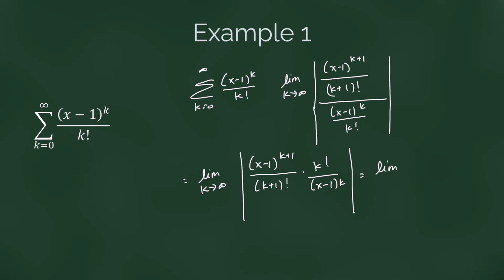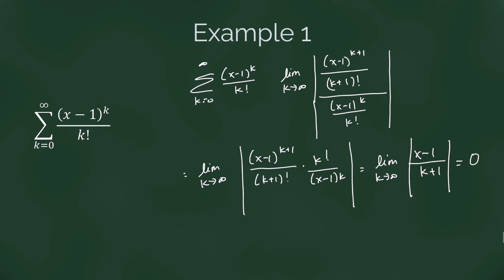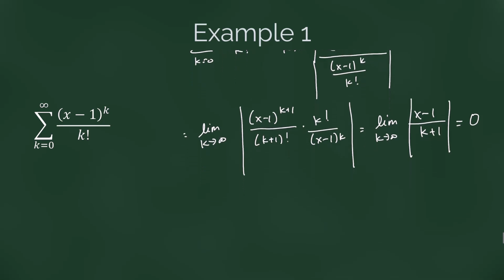We can simplify that. That is the limit as k goes to infinity of the absolute value of x minus 1 over k plus 1. However, regardless of the value of x, this limit, as k goes to infinity, is 0. 0 is less than 1, so that means that this series converges absolutely regardless of the value of x.